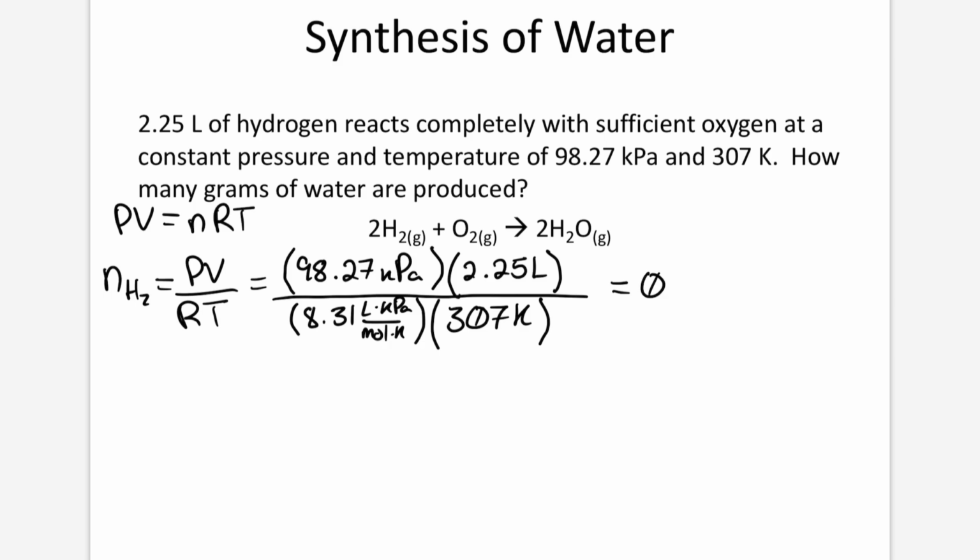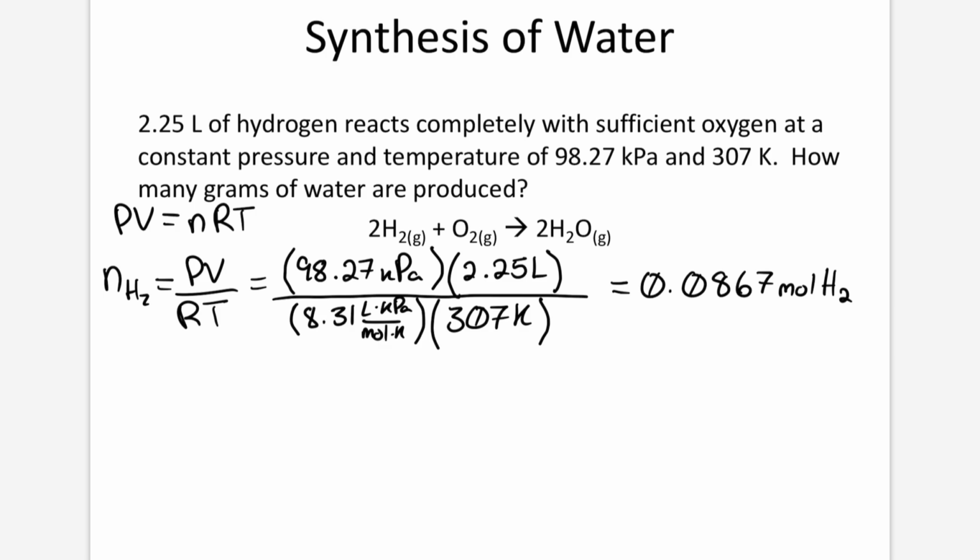And using the ideal gas law, we end up with 0.0867 moles of hydrogen gas.